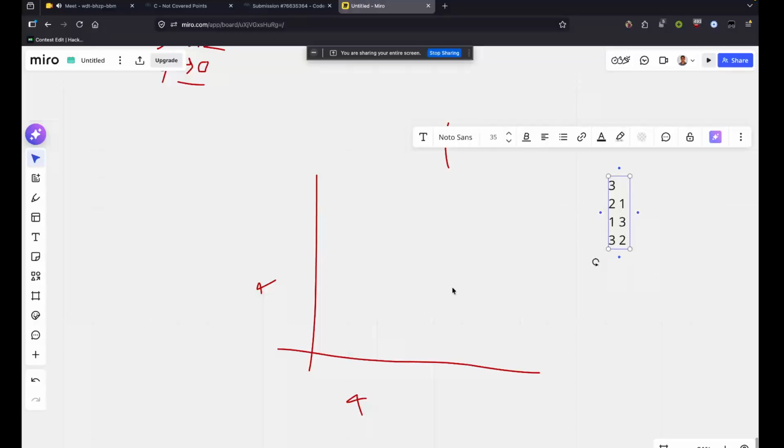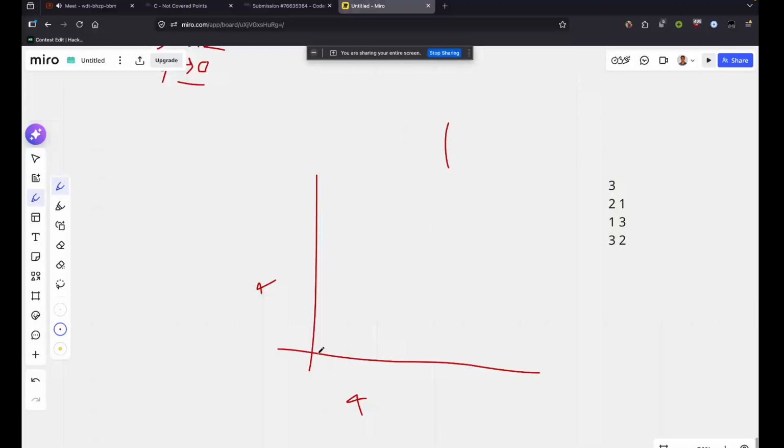So for this 2, 1 here, we need to form a rectangle, where one corner will always be 0, 0, and the opposite diagonal corner will be this coordinate. If I talk about this 2, 1 case, it will lie about here. So this is the first rectangle.